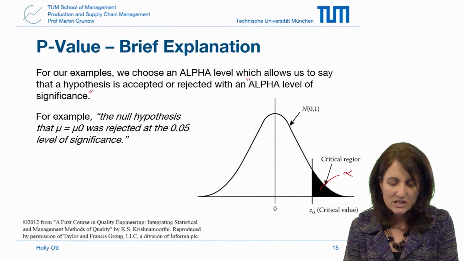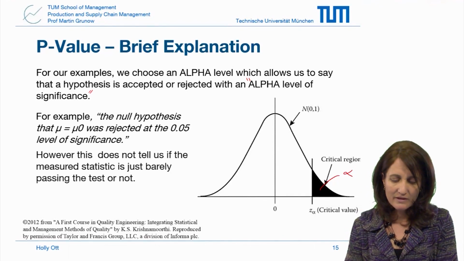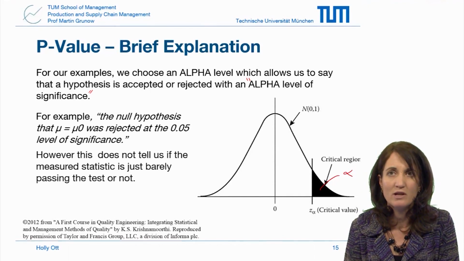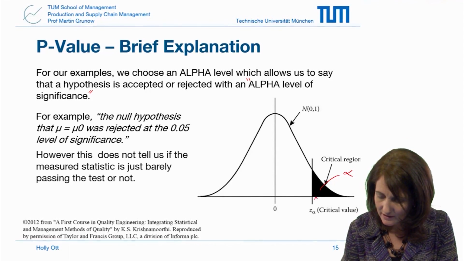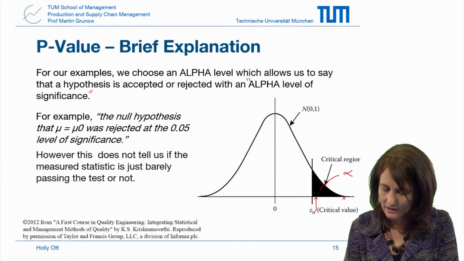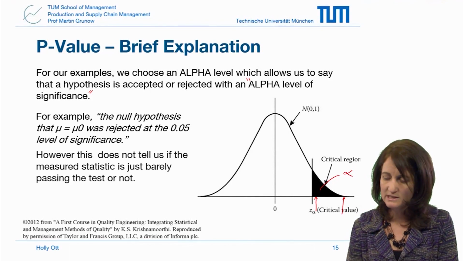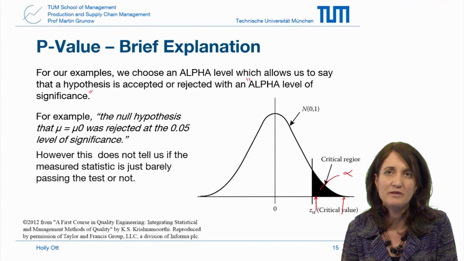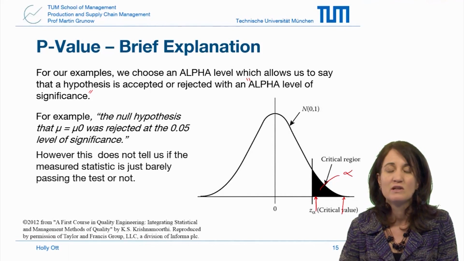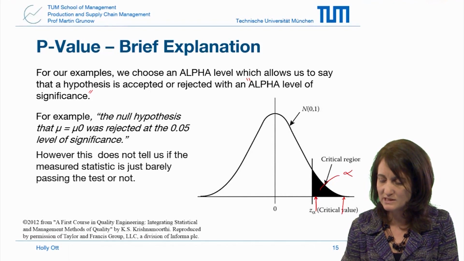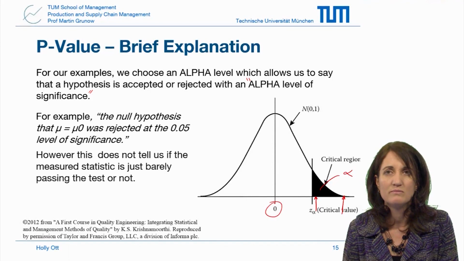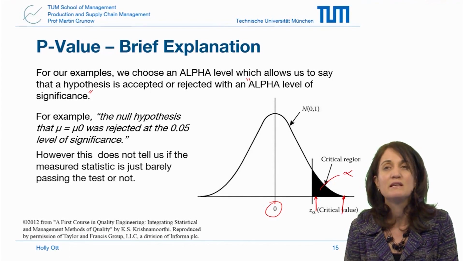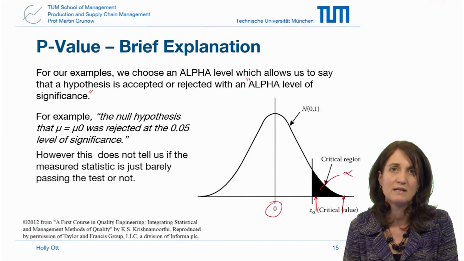But this actually does not tell us if the measured statistic is just barely passing the test or not. It doesn't tell us if we are here or if we are here. It doesn't tell us if we have just passed the criteria given by alpha or if our sample gave us a z-value that was so much bigger than our mu0 that we could easily accept the new claim.